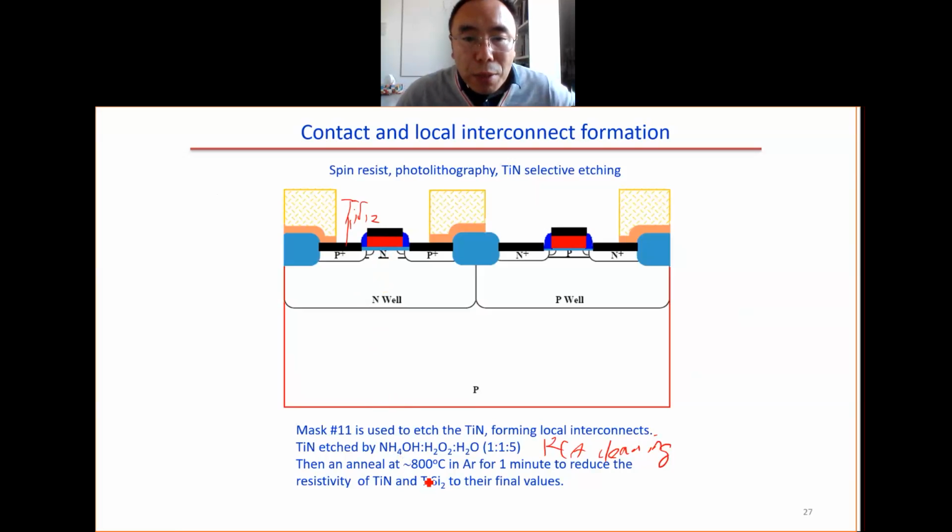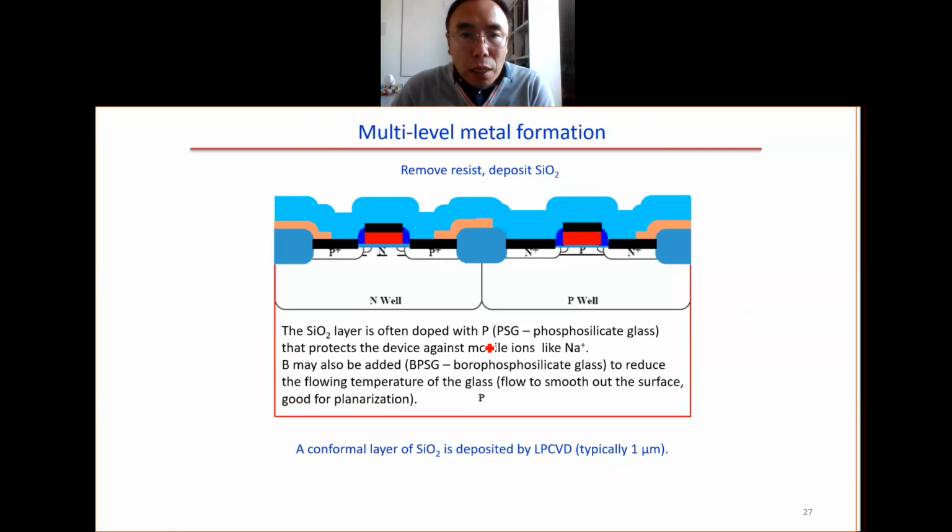Then we do an annealing process. We do another annealing process to reduce the resistivity of titanium nitride and titanium silicide. So next, we coat a layer of silicon dioxide as an insulating material. This is done by low pressure chemical vapor deposition. If you remember, we have shown two ways to deposit the silicon dioxide.